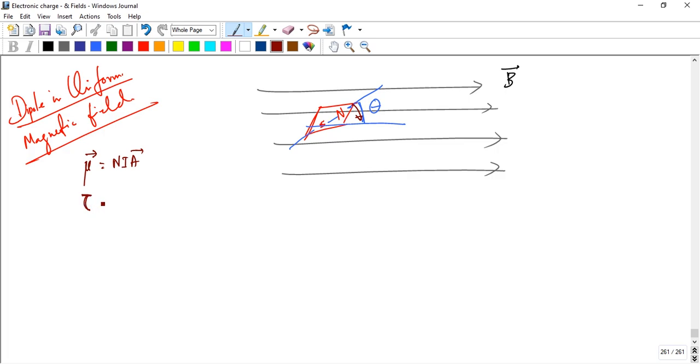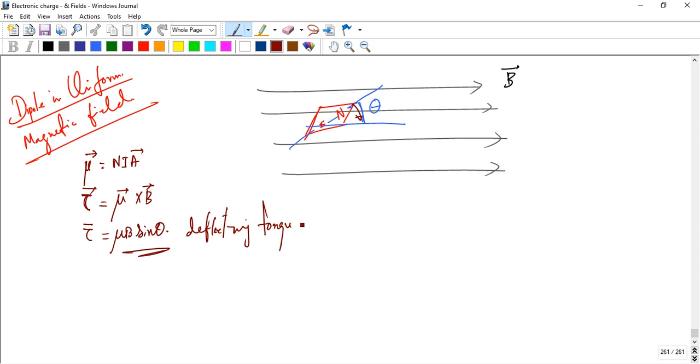So the torque tau is the magnetic moment cross B. Obviously tau as a vector is mu B sine theta, that is the deflecting torque.